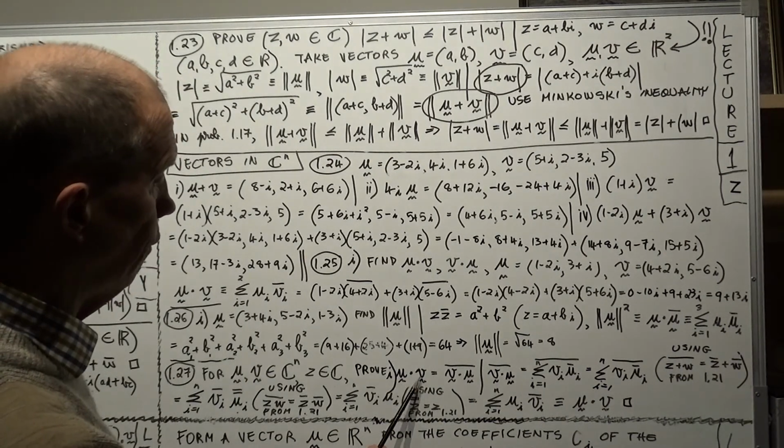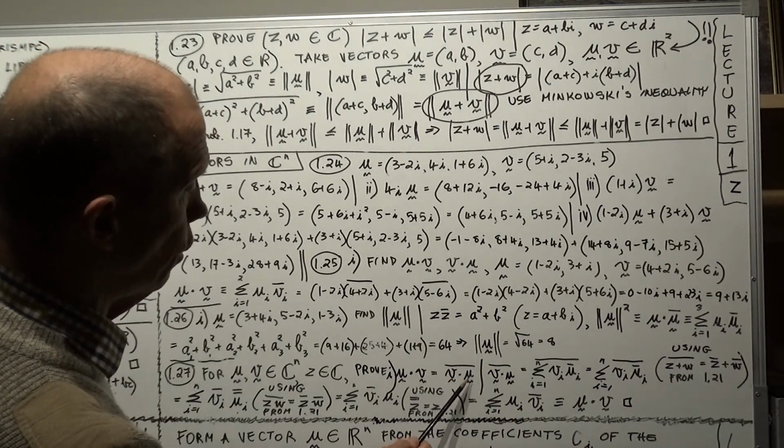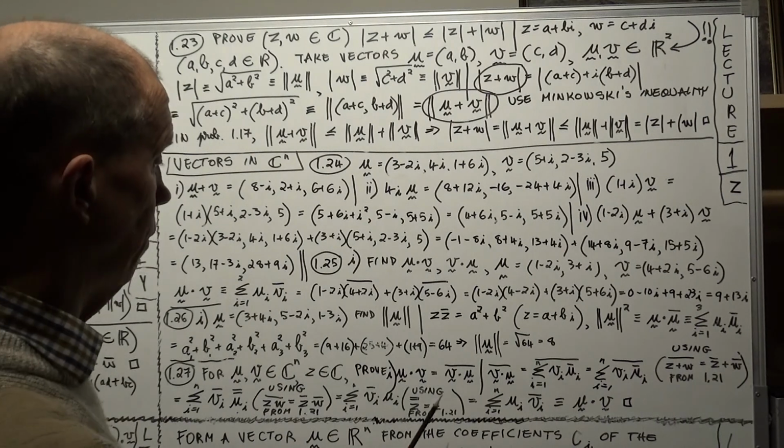Notice that? u dot v equals the conjugate of v dot u. So I'm asked to prove that result.